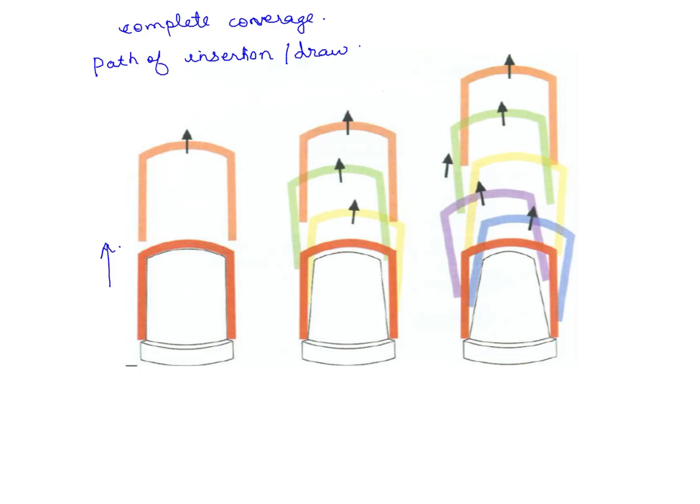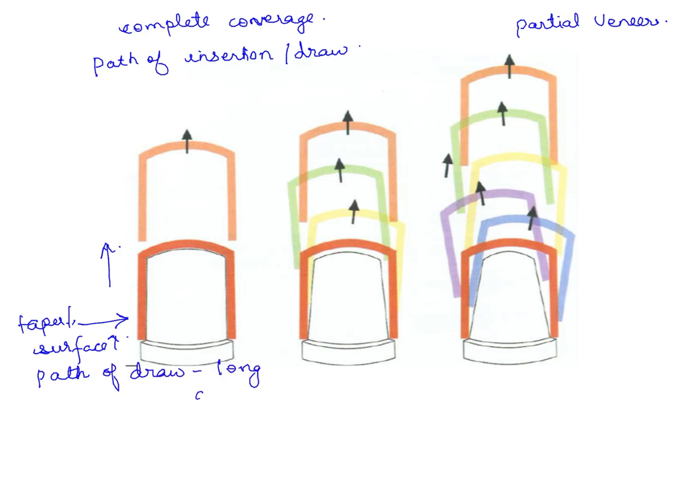In case of a partial veneer crown, you don't want the restoration to come out very easily. Now, although here the taper is minimal, the surface area is more, but the path of draw is parallel to the long axis. This is ideal in full coverage restorations, not in partial coverage.